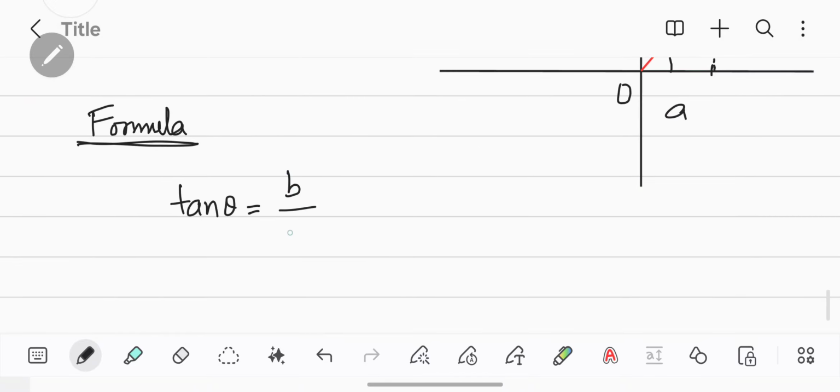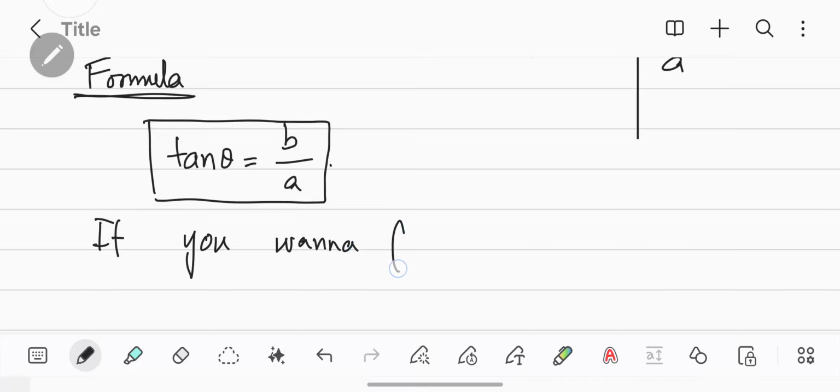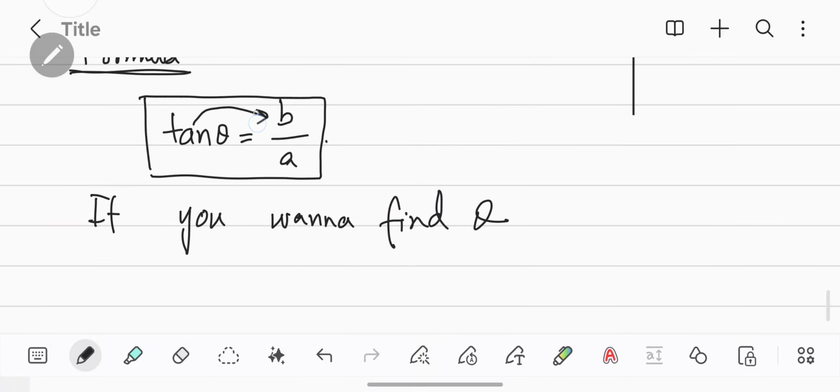Height is b and base is a, so the tangent of theta is equal to b by a. This is the formula. If you want to find theta, you can shift tan to the right hand side, and theta will stay here.